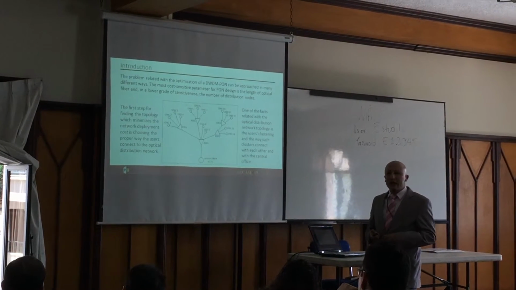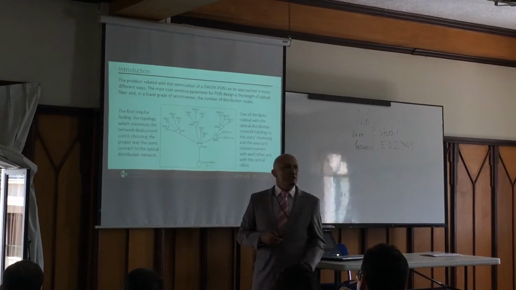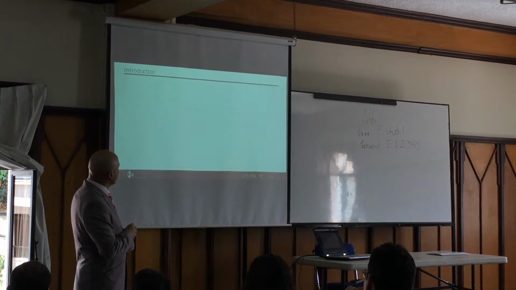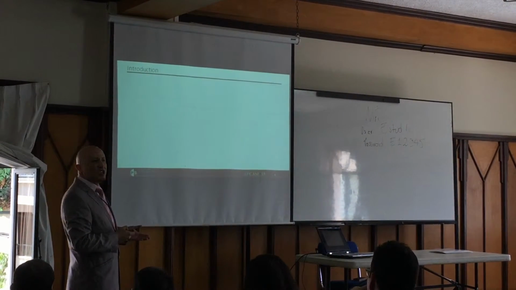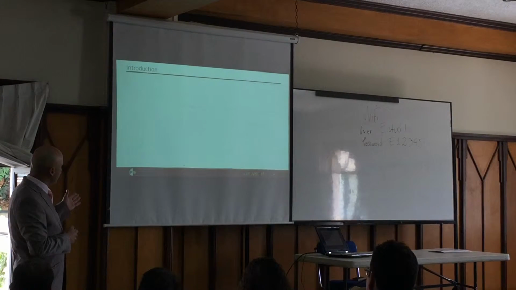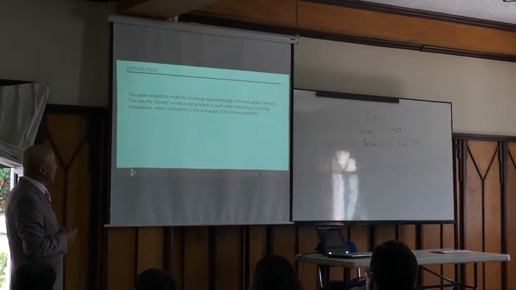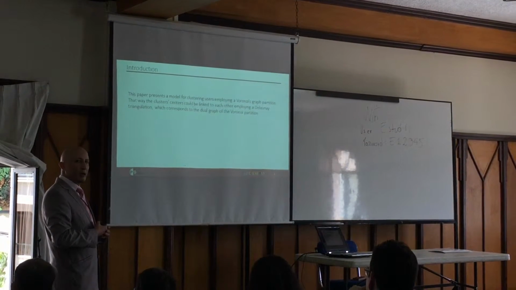But the question remaining there is how do we cluster the users in order to do this? So the optimization problem related with that situation is an unresolved problem actually.